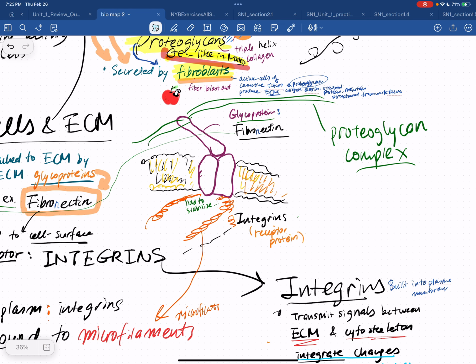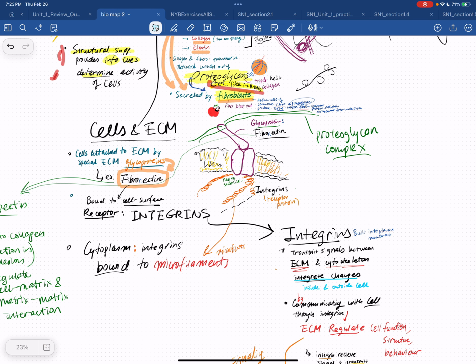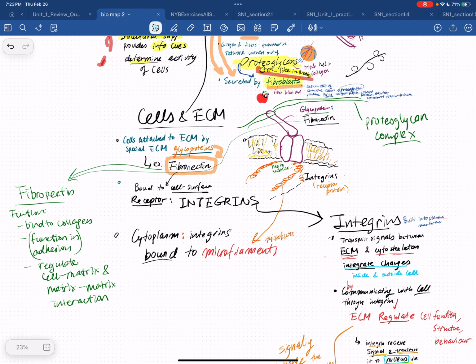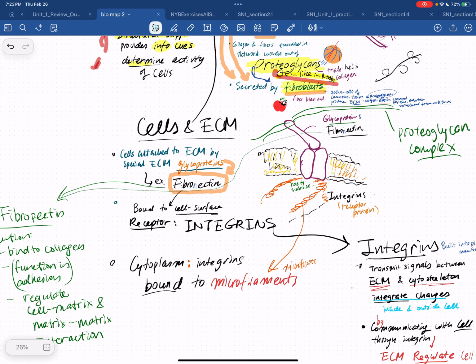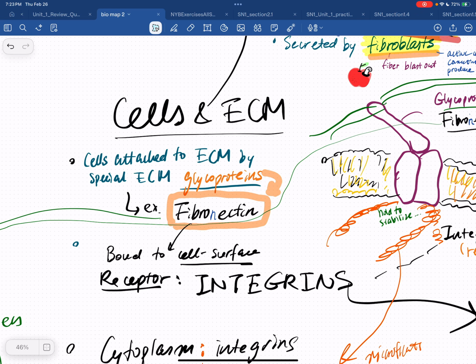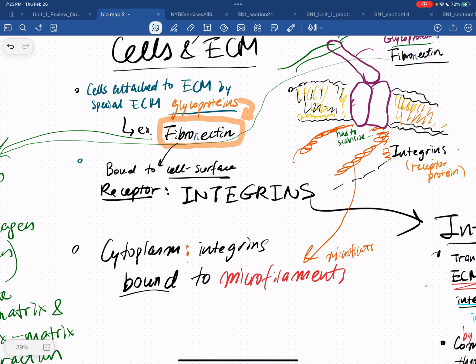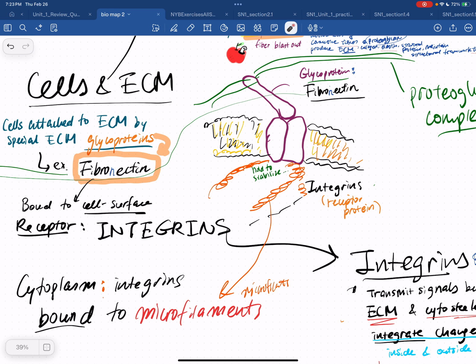Now, glycoproteins are something we talked about for a while already, but let's talk about the extracellular matrix and the cell. Cells are attached to this extracellular matrix, like I said, and there are things sticking out of the cell, like glycoproteins, among this matrix, and these are bound to the cell surface. Here we can see the matrix outside.